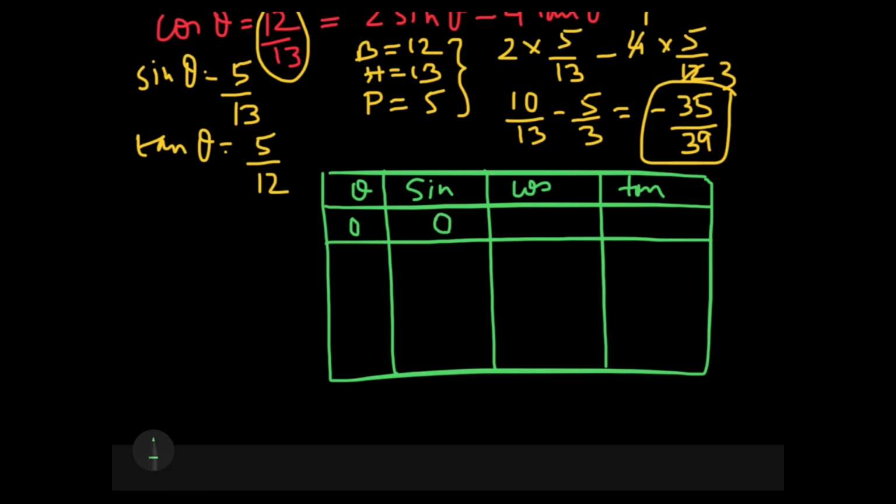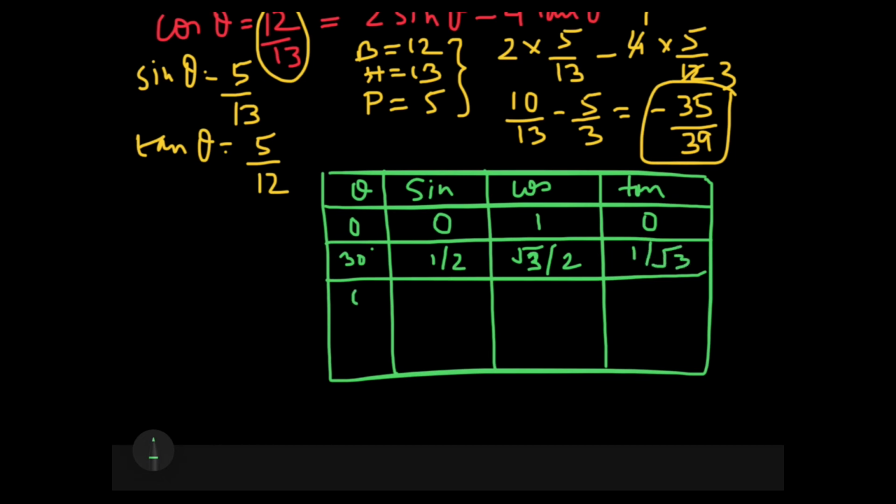Cos 0 degree is the opposite, that is 1, and tan 0 degree is also 0. Now the next important angle is 30 degree. The value of sine 30 degree is half, the value of cos 30 degree is root 3 by 2, and the value of tan 30 degree is 1 by root 3.